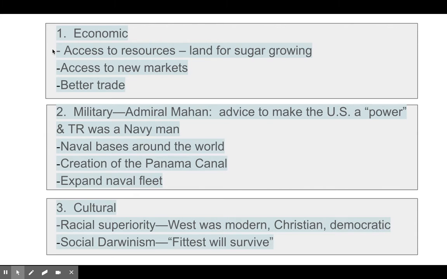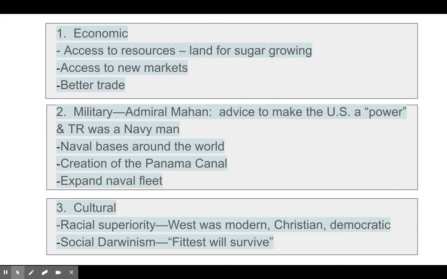Okay, so when I say access to resources, what I'm talking about is things like crops, maybe timber, or things that come from a mine like gold or silver. One of the big ones that we're going to get during this time period is land for growing sugar.